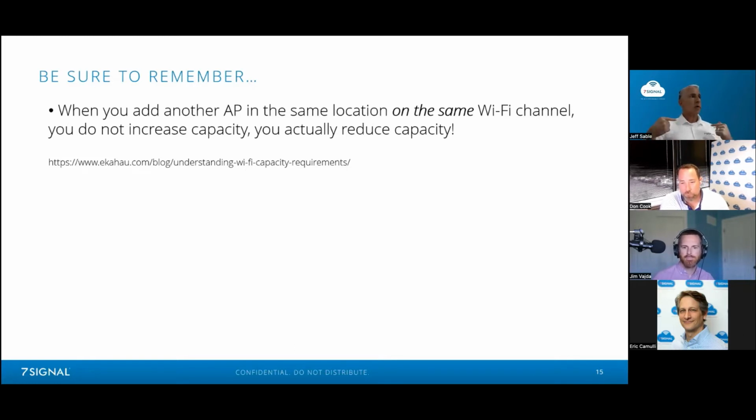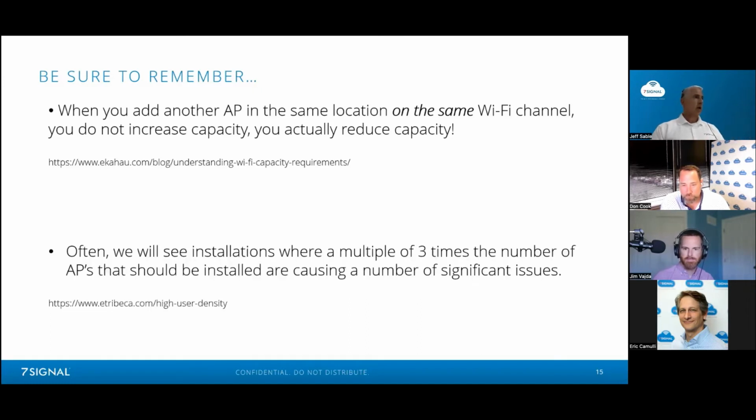And also of the mindset of adding additional access points to hopefully add additional capacity, from our friends at eTribeca: if you just throw access points without really understanding how they can impact a particular service area or a particular region of your organization, you're throwing money out and you're creating problems.